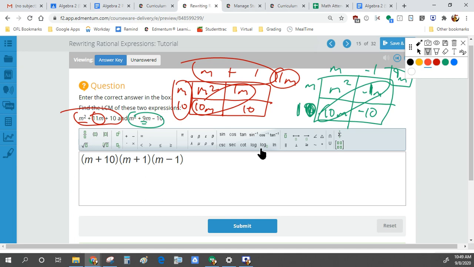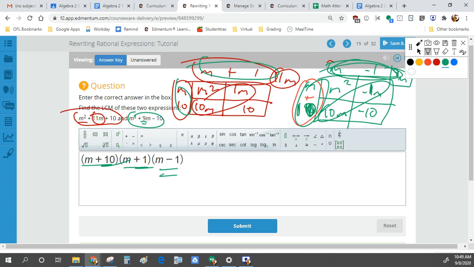So again, I have a repeat here of this m plus 10, and I have a negative, let me use a different color, a negative here. So that's how come it becomes m plus 1 for this one, m plus 10 for these two right here, and then this m.